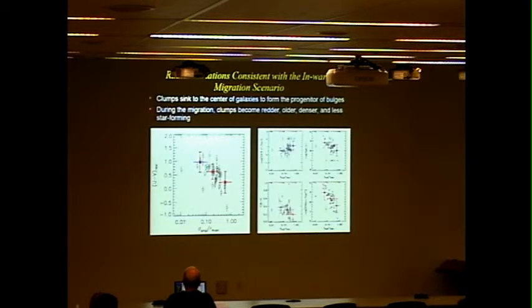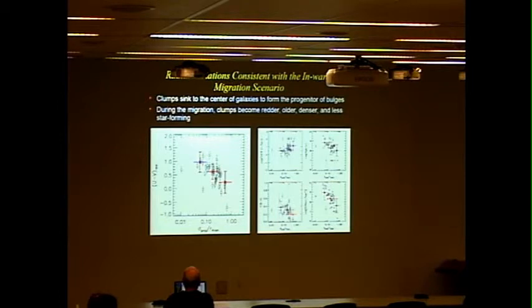Because we have run SED fitting on each clump, we can convert this trend of rest-frame color to the trend of the physical properties. Here are the specific star formation rate, age, dust extinction, and stellar mass density.